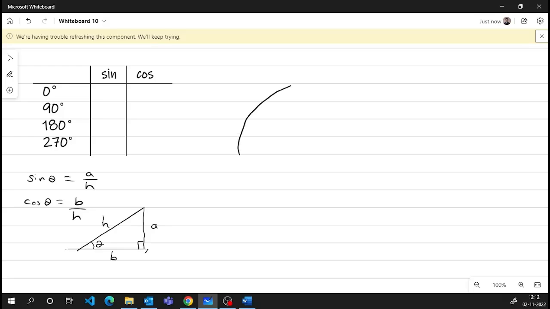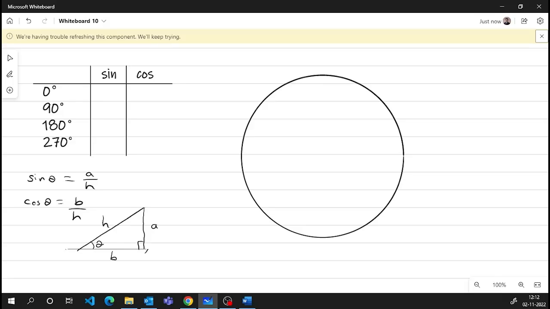So let's draw a circle, simple circle, okay? And let's look at the center of this circle.